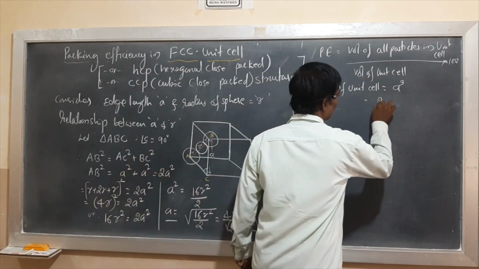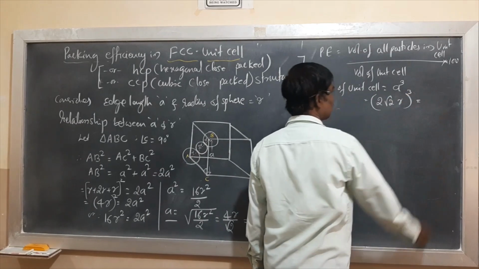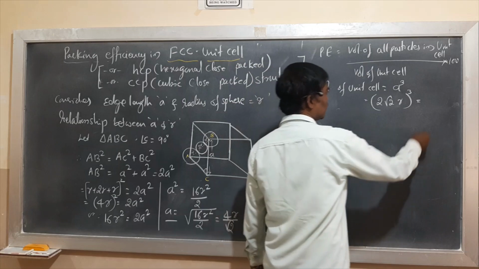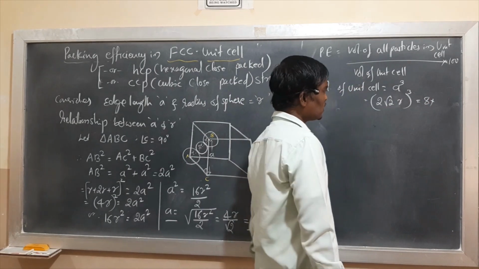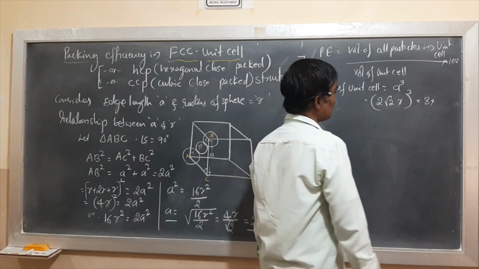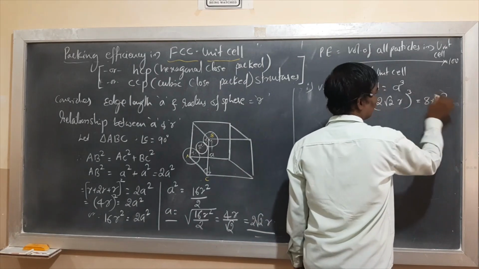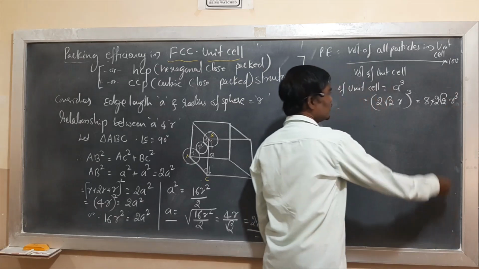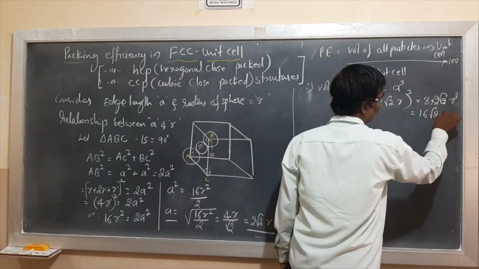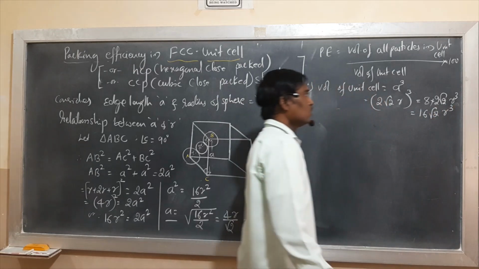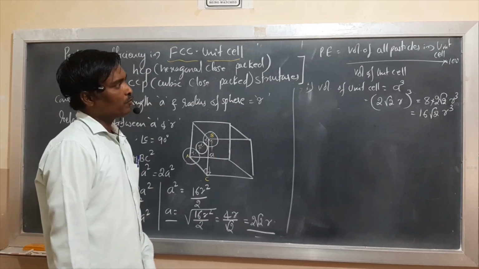So it is 2 root 2 into r whole cube. So that is equals to 2 whole cube is 8. And since root 2 whole cube is root 2 into root 2 into root 2, that is 2 root 2, and r whole cube is r cube. So that is equals to 16 root 2 into r cube. Okay. So that is the volume of unit cell in terms of radius of a sphere.